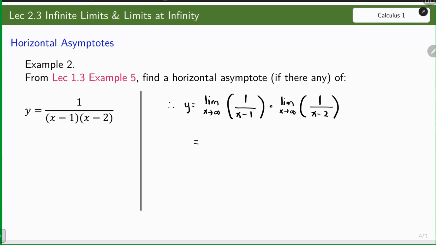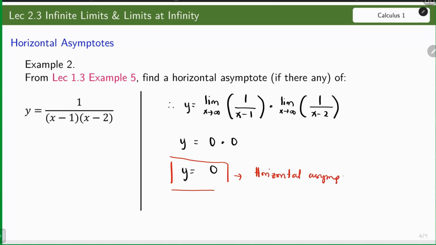Applying the theorem of limits that we learned, this one would be 0 times 0. The equation of the horizontal asymptote is this one. Meaning to say, the range of the given rational function will also exclude y equal to 0.